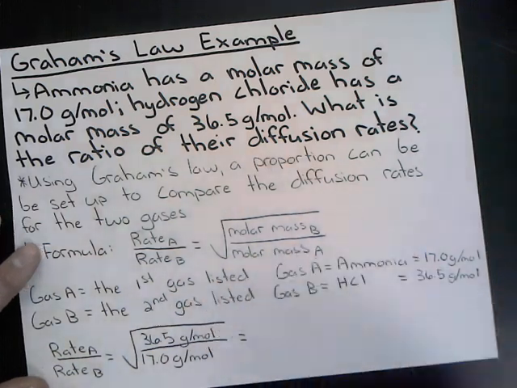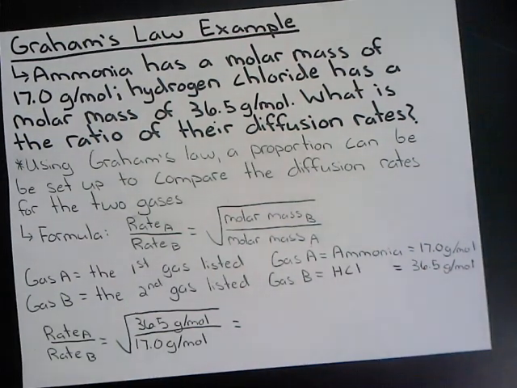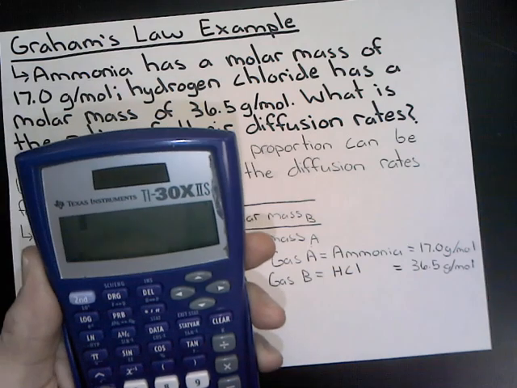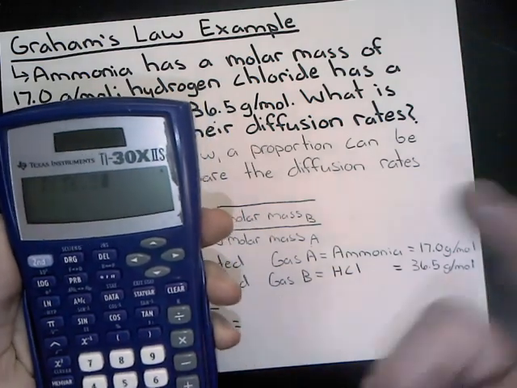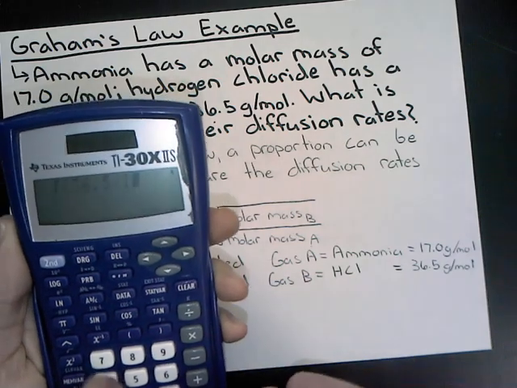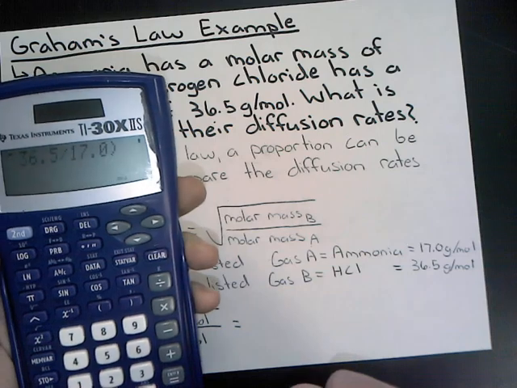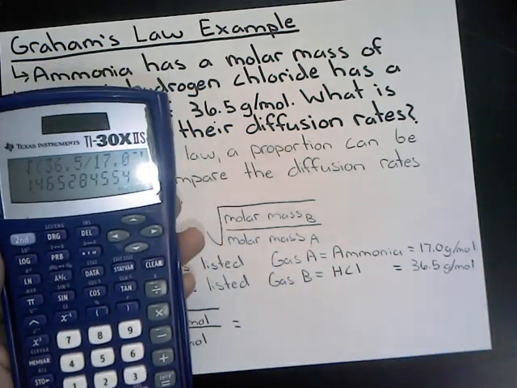Then all we have to do is calculate, but be careful because we do have the square root. I'm going to get the square root on my calculator and put in 36.5 divided by 17.0. Make sure you close that parenthesis for the square root, and I get a value of 1.47.